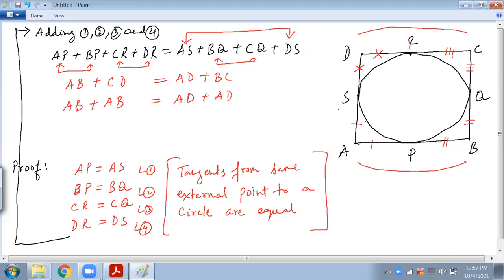Why? The opposite sides of the parallelogram are equal, since ABCD is a parallelogram. So what are we getting? 2AB is equal to 2AD. So I can cancel the 2.